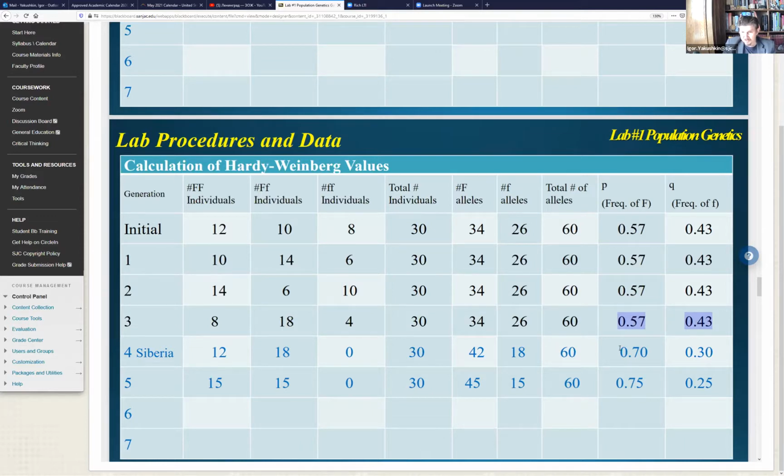As soon as we start seeing in the generation 0.7 and 0.3, we know that evolution is occurring because the values start shifting, changing. As soon as we start seeing change, we can say evolution is happening. And then we can say the evolution is happening because of natural selection, or maybe something else. And we will talk about that next lecture. We'll talk about some other driving forces of evolution. Make sense?